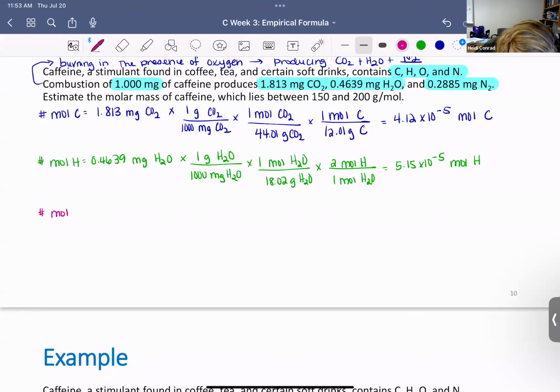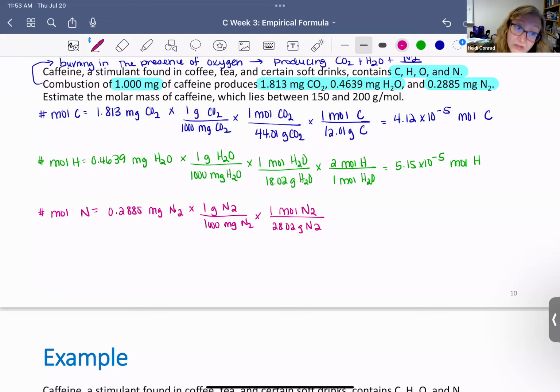Number of moles of nitrogen, because we do have nitrogen in this sample: 0.2885 milligrams of N2. 1 gram of N2 to 1,000 milligrams. 1 mole of N2 weighs 28.02 grams.